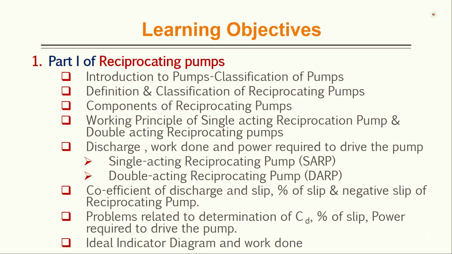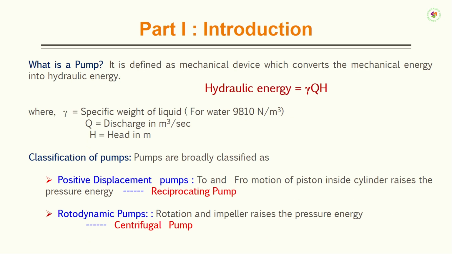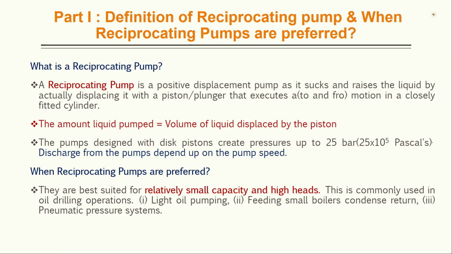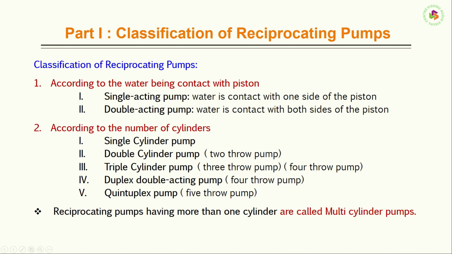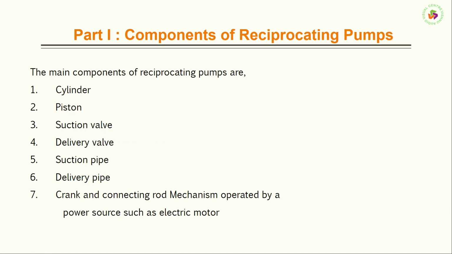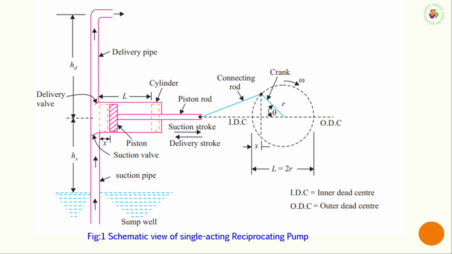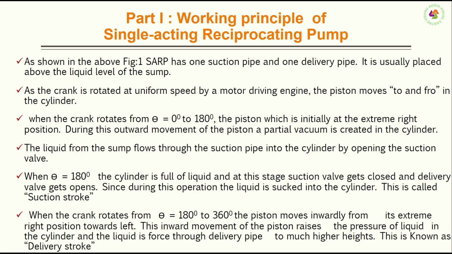So with this, I have done both the single acting and double acting reciprocating pump for your reference. Now the first part is closed. So kindly prepare up to this thoroughly. Starting from number one, what is a reciprocating pump? Number two, what is the principle of a reciprocating pump?